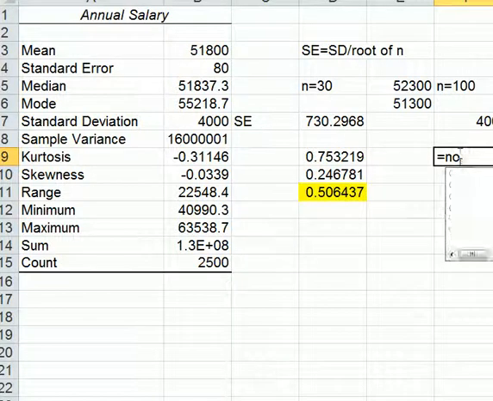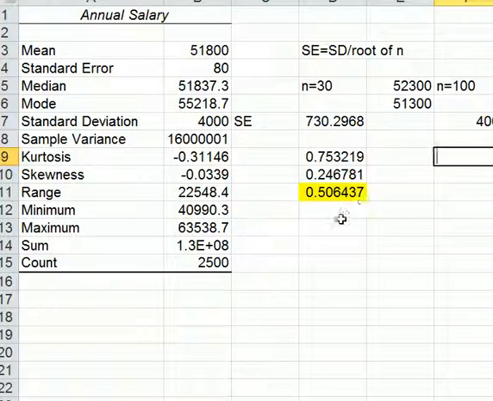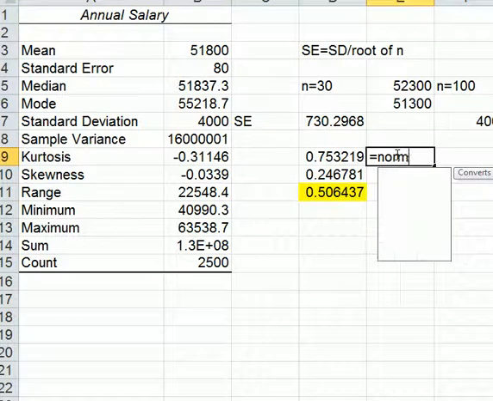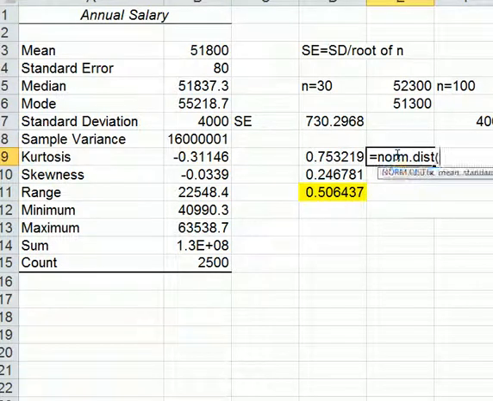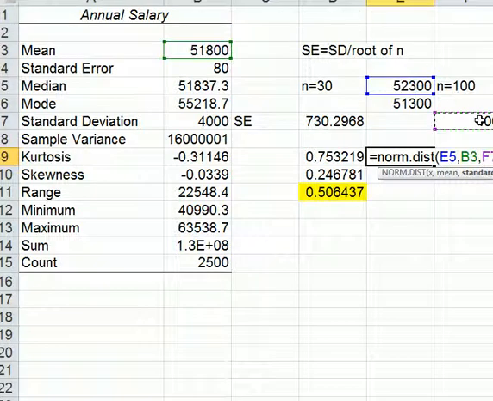I'm going across here, okay, don't get lost. Equals NORM.DIST. And then the first one is 52300, comma, the mean, comma, the standard error, comma, and then true.